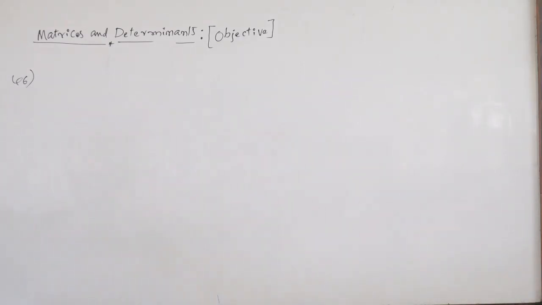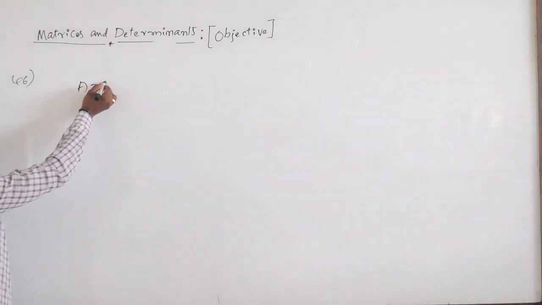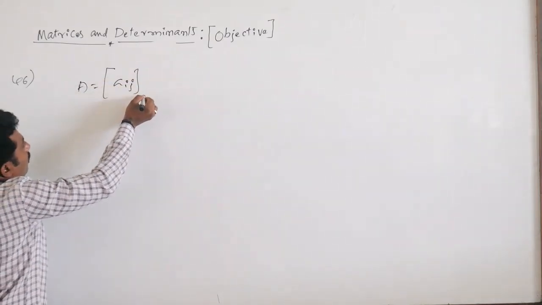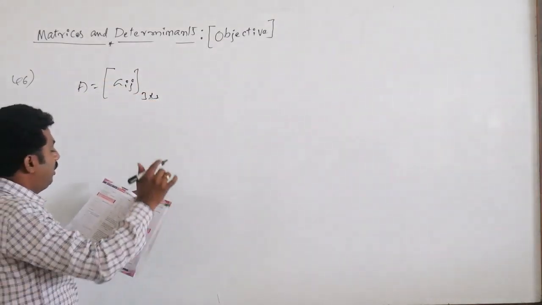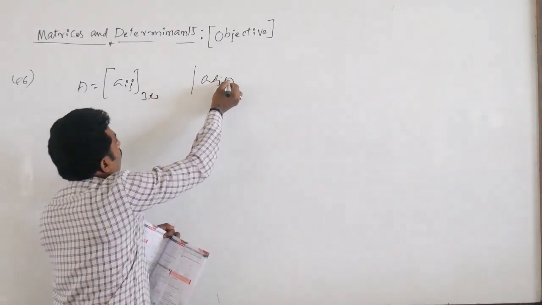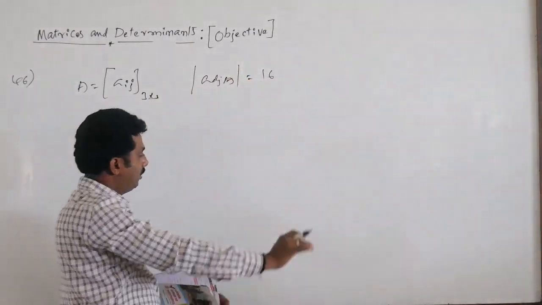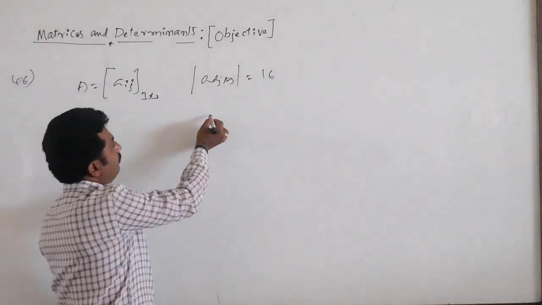If A is a 3 by 3 matrix and the determinant of adjoint of A equals 16, then what is the determinant of A?